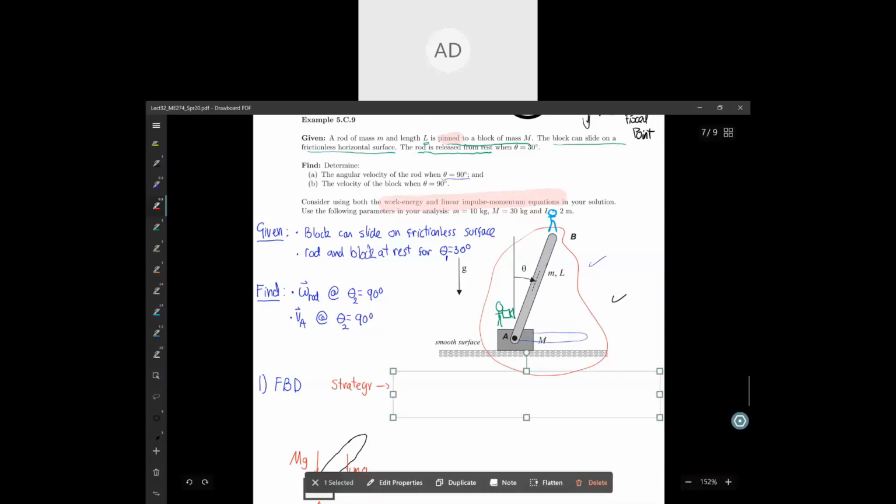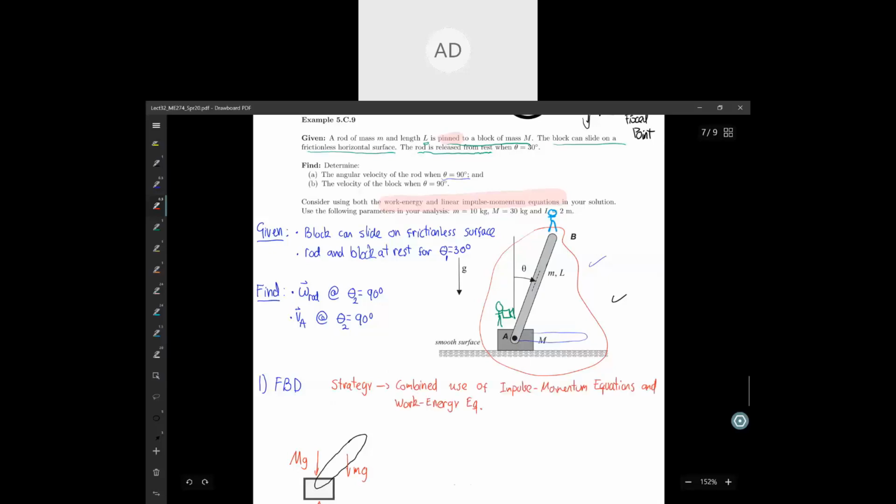So the strategy is to use this combined work energy and linear impulse momentum, because there is relative motion inside our system, inside our control volume, that I typically refer to as system size.